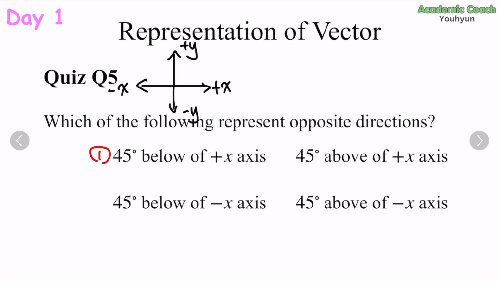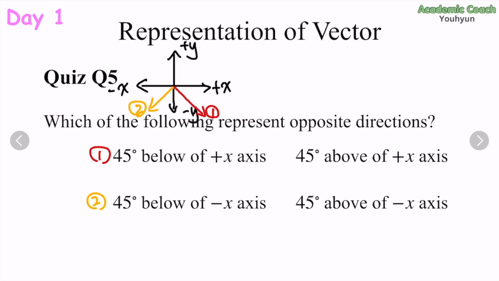That means, okay, I'm going to take positive x-axis as my reference, and then I'm going to go below that, which means I'm going to go to quadrant number four. So this would be my direction number one. Okay, and direction number two, 45-degree below negative x-axis. So negative x-axis is right here. Going below that means this direction will be in quadrant 3. This is direction number 2.